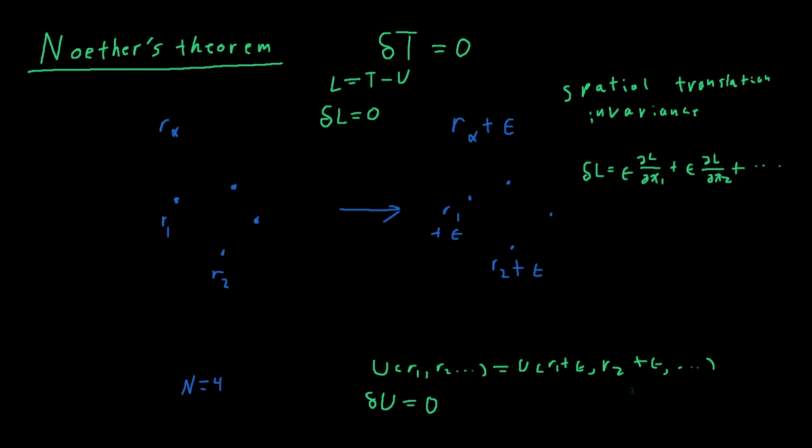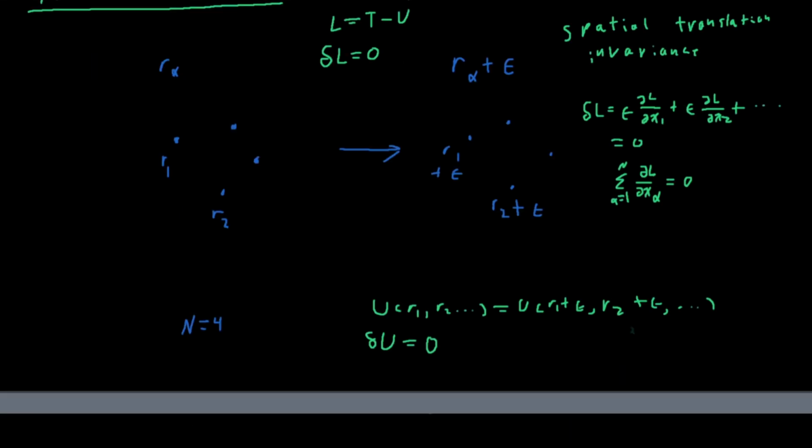And then we have that equal to 0. So basically for a system of n particles, we have just the sum of these, the index being alpha, of the derivative of the Lagrangian with respect to x alpha equals 0.